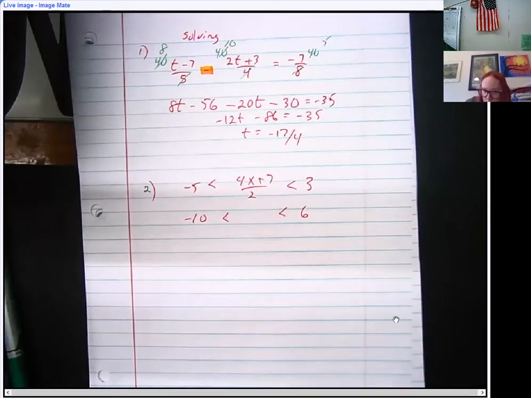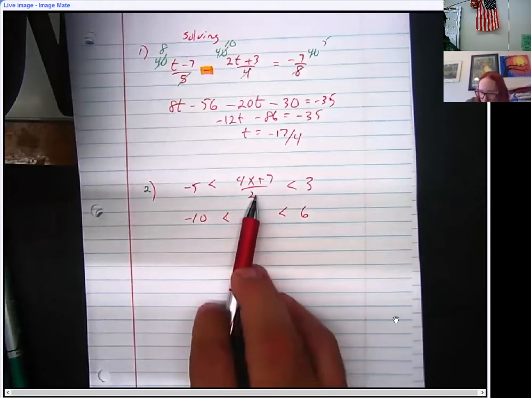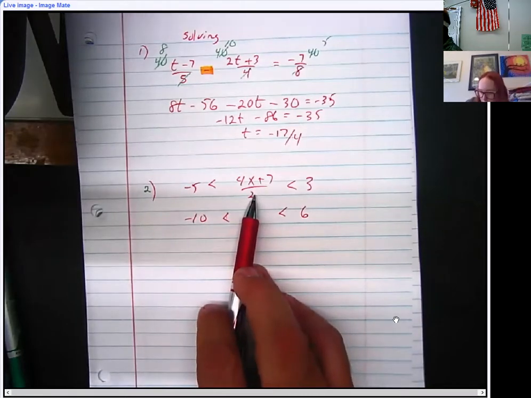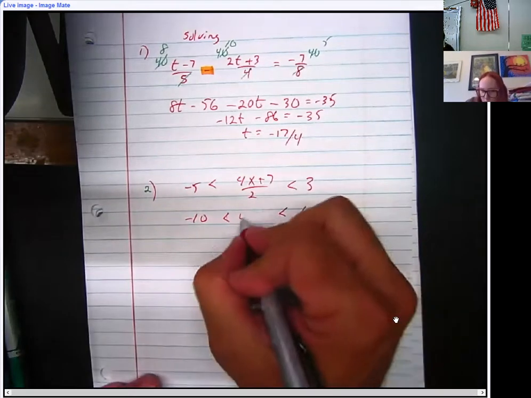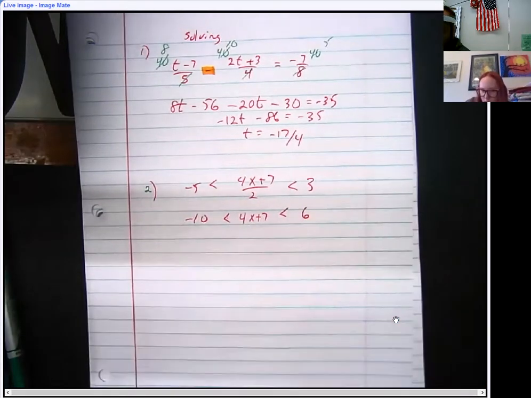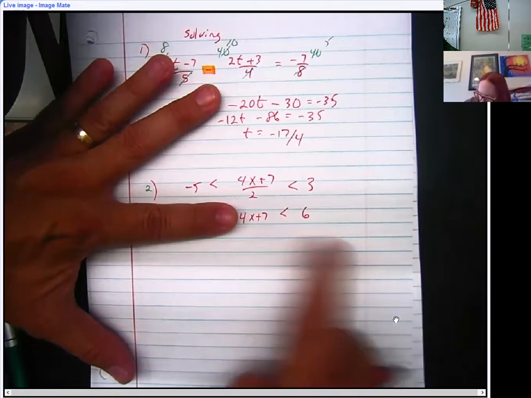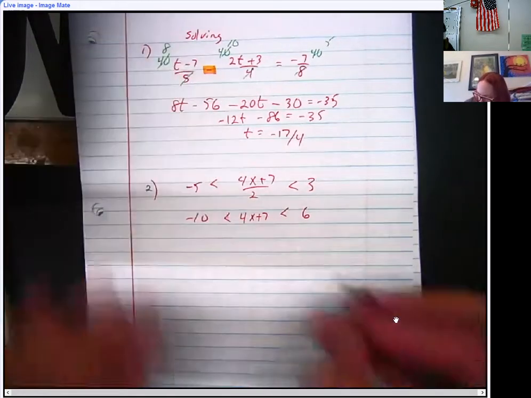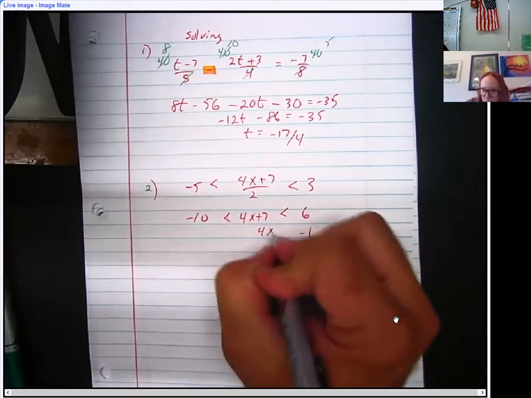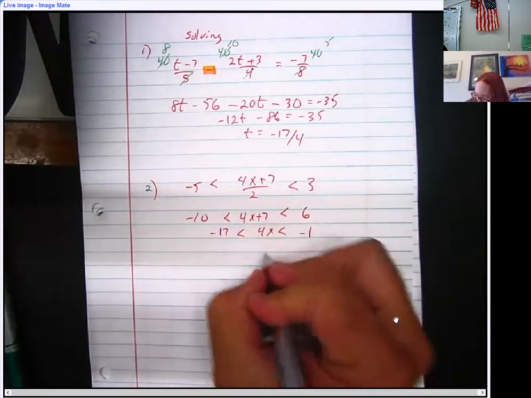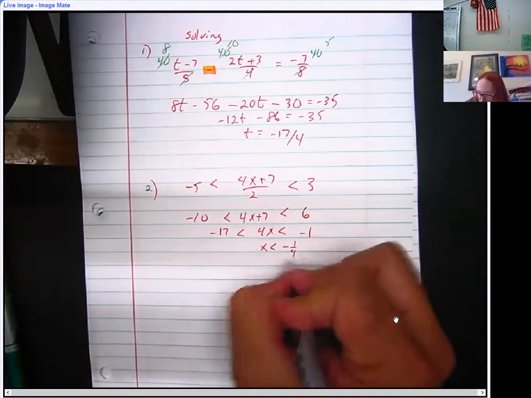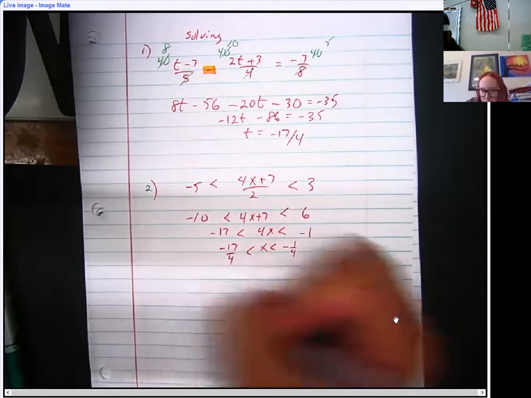But if I hit it with a 2, what's going to happen to this part right here? It's just going to be 4x plus 7 because we entirely cut that out. And now, you know, if we went like this, what would you tell me to do? Wouldn't you say subtract the 7? So we're just going to subtract the 7. We're going to subtract that 7, and then we're going to divide by 4.